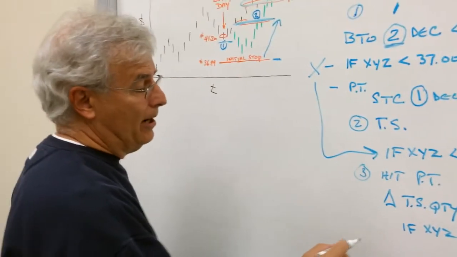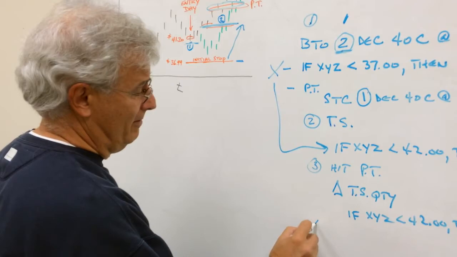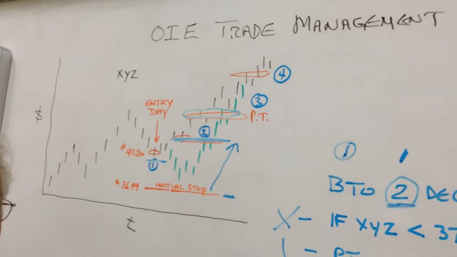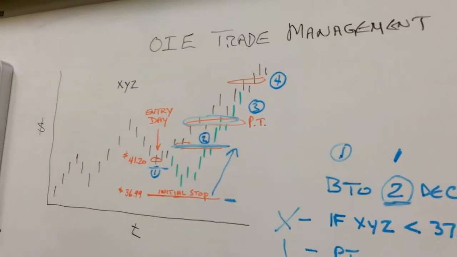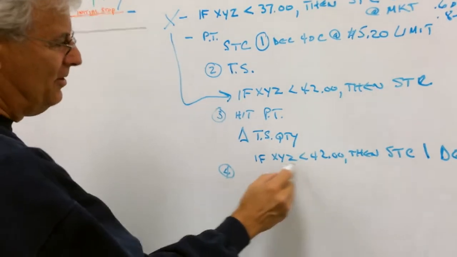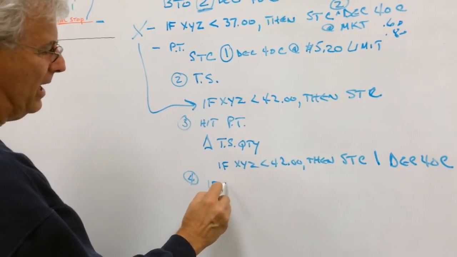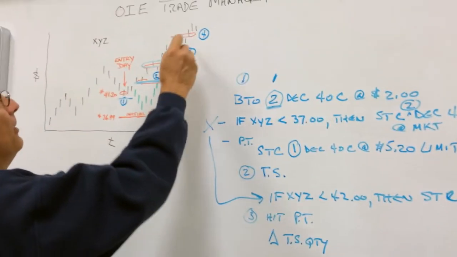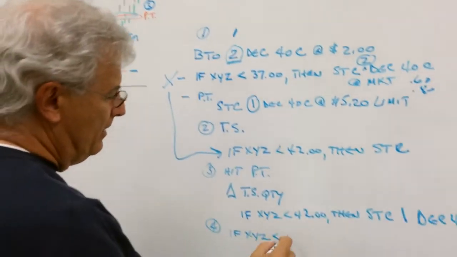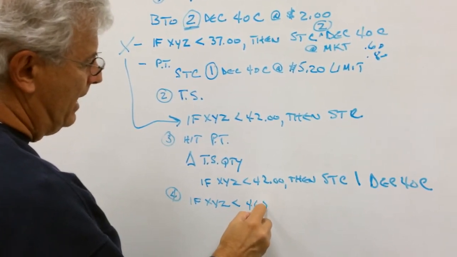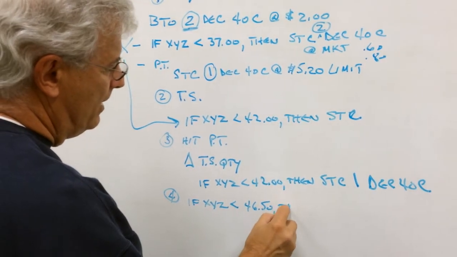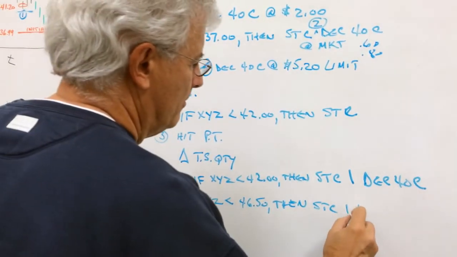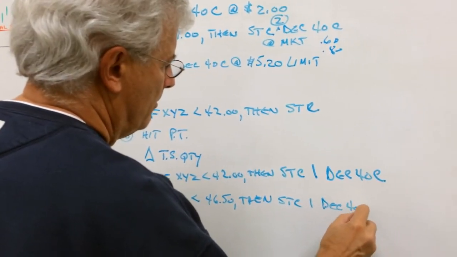Now the real exciting part is, if that's not enough excitement, at point 4, that second half position continues to make more and more money. And what will happen is the software will alert you to change the trailing stop to a higher level. And you just simply go in and say, if XYZ is less than, let's say, 46 and a half, then sell to close 1 December call at market.